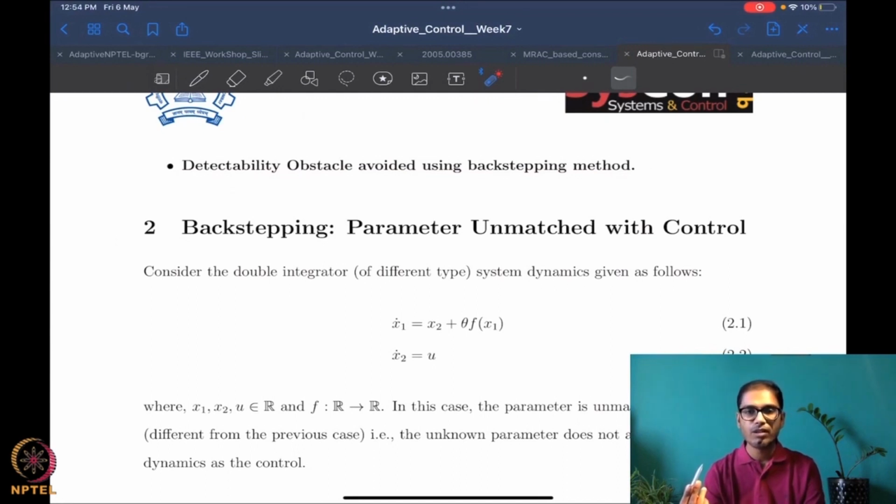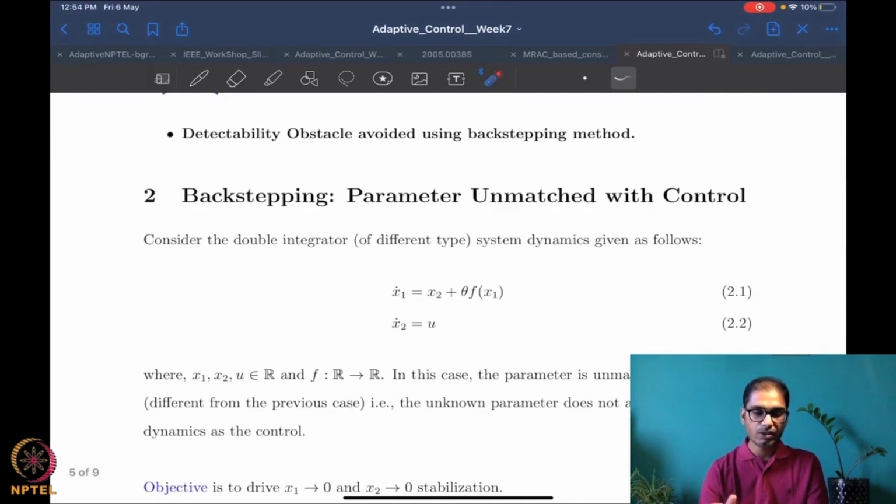Because for the known system, we constructed a strict Lyapunov function. The backstepping method not just helps you construct a Lyapunov candidate, or any Lyapunov candidate, it helps you construct a strict Lyapunov function. So this is important. Once you do that for the known case, you know that for the unknown case things are going to be nice.